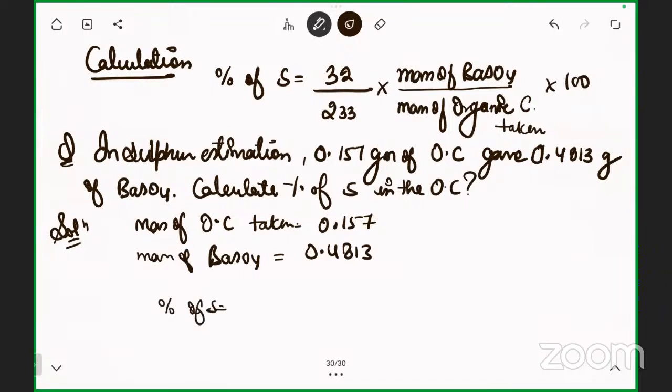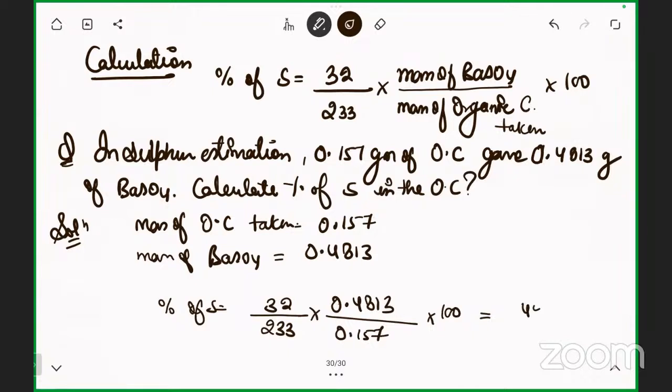Percentage of sulfur equals 32 divided by 233 into the mass of BaSO4, 0.4813, divided by the mass of organic compound taken, 0.157, into 100. Now you'll solve it. Approximately it will be 42.10%. So the sulfur in the organic compound is around 42%. I think not a tough question.